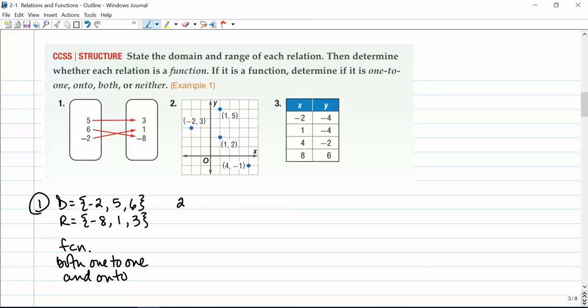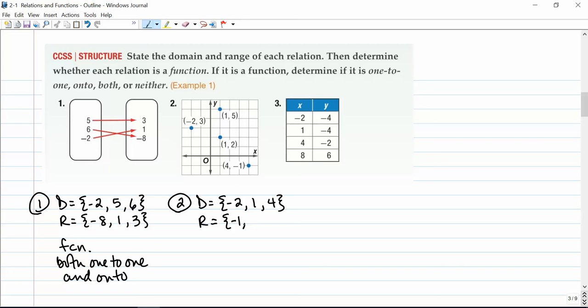Example number 2 here, this set of ordered pairs that are graphed. The domain is going to be all of the x coordinates, so -2, 1, and 4. And the range is all of the y coordinates. Well, let's see, let's start at the bottom and work our way up.